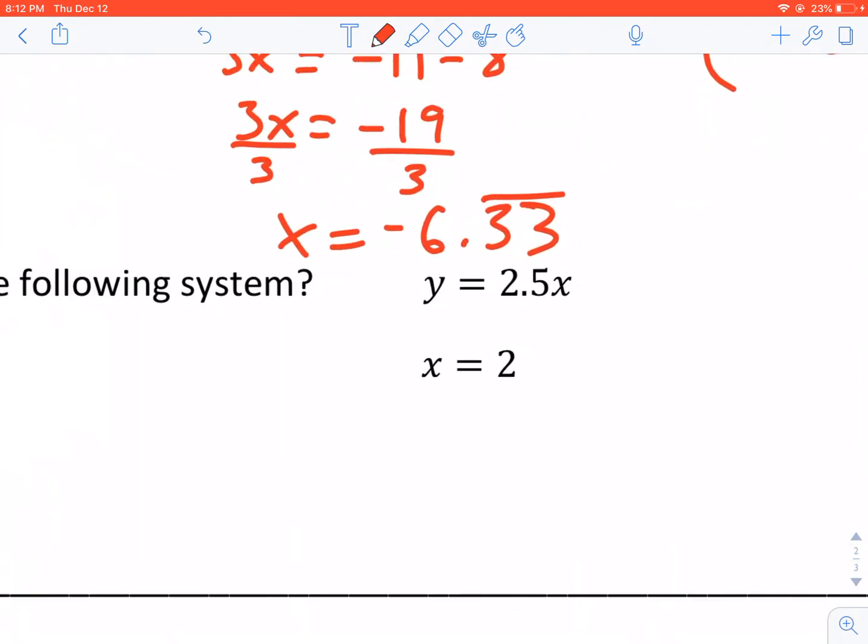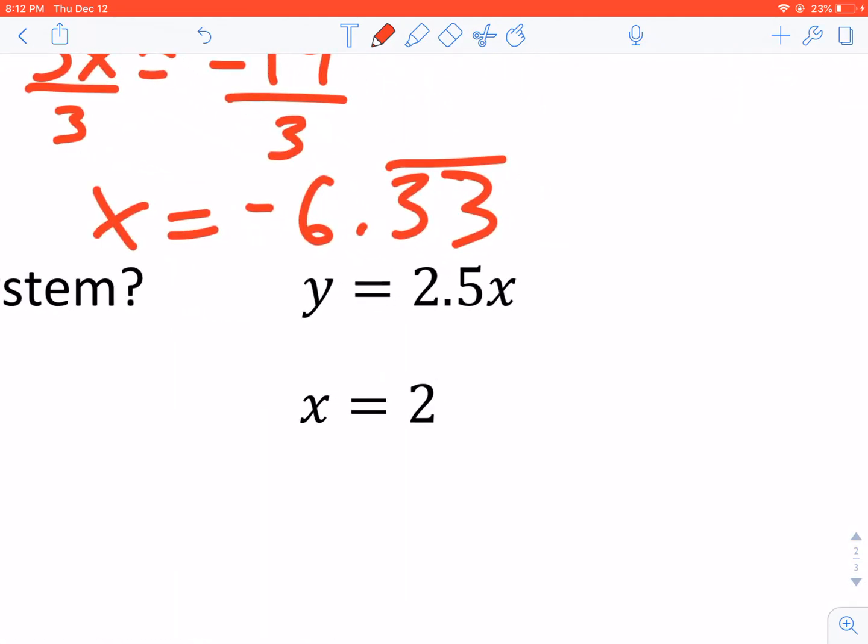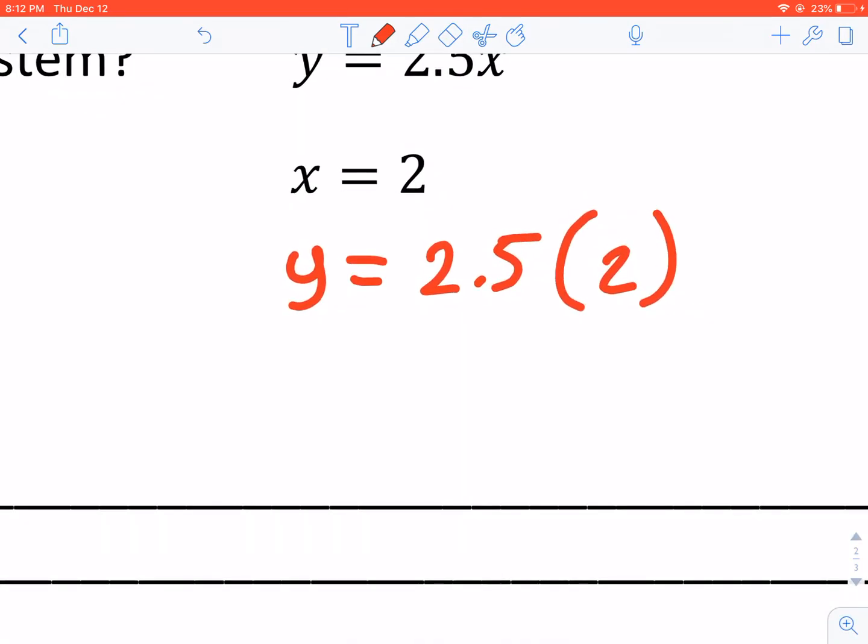So right here we can just substitute. We can use the substitution method, and we know that x is equal to 2, so we could just rewrite y is equal to 2.5 times 2. And 2.5 times 2, well, 2 times 2 is 4, and 0.5 times 2 is 1. 4 plus 1 is 5. So this would mean that y is 5.